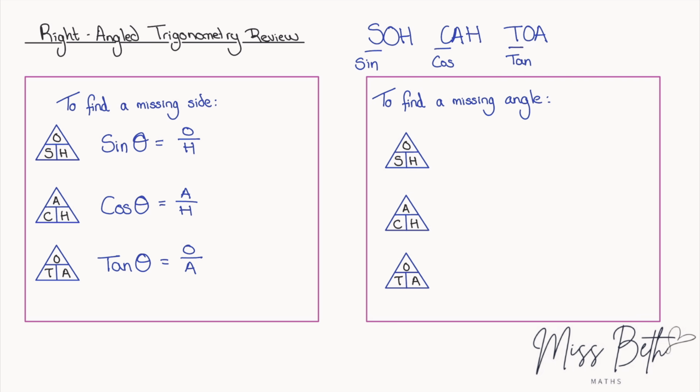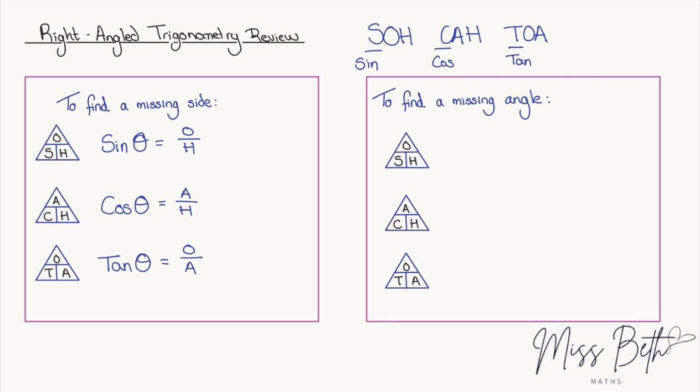You will see in the questions that follow how to rearrange them differently depending on what it is that you need to find. And then we have to find a missing angle. Okay, so this time, instead of using the sin, cos, tan ratios, we actually use the inverse of sine and the inverse of cosine and the inverse of tangent to find an angle, okay? We're kind of working backwards ultimately.